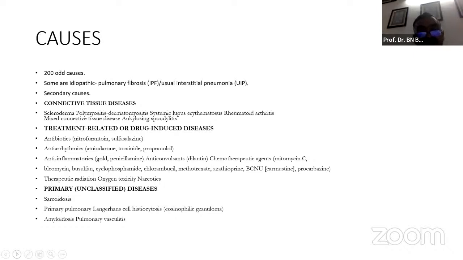Radiation and oxygen toxicity, because of release of superoxides, singlet oxygen, and hydrogen peroxide, can also result in interstitial fibrosis. Then we have some primary unclassified diseases like sarcoidosis, primary pulmonary Langerhans histiocytosis, what is called eosinophilic granuloma, amyloidosis, and pulmonary vasculitis.